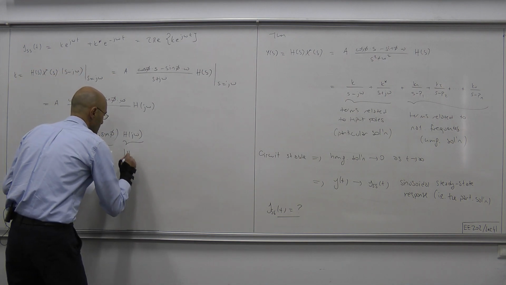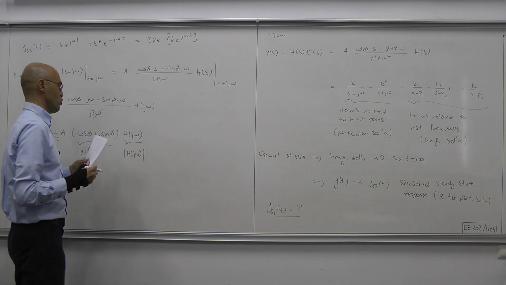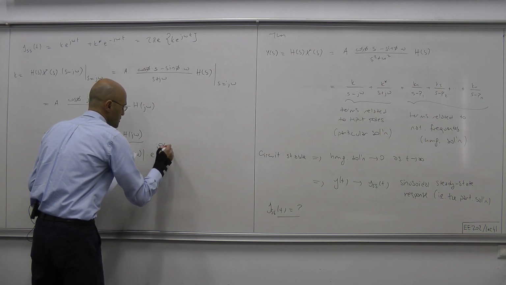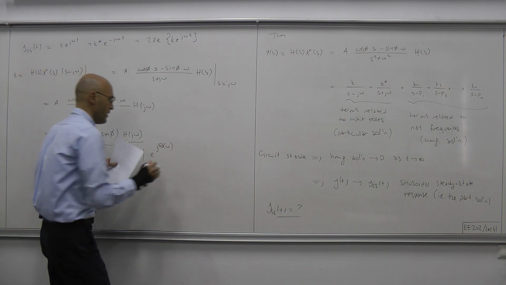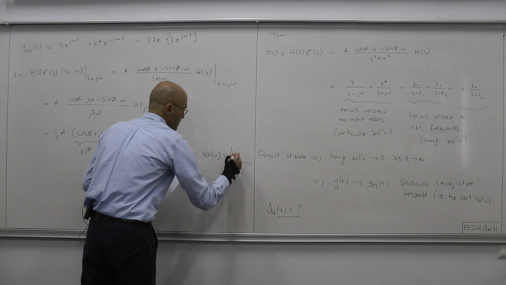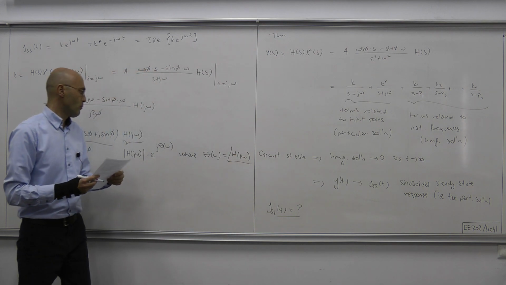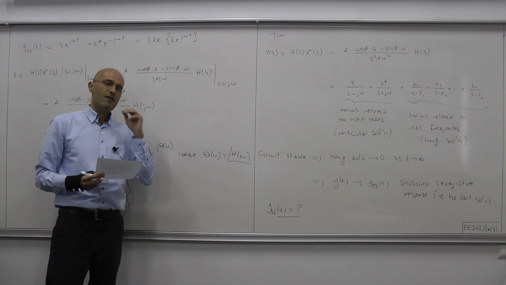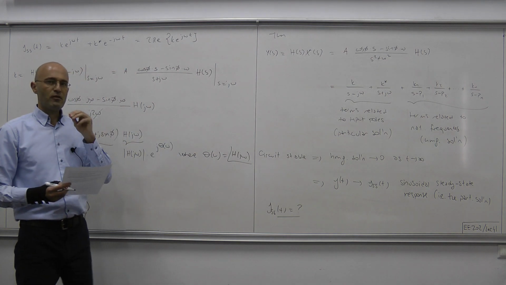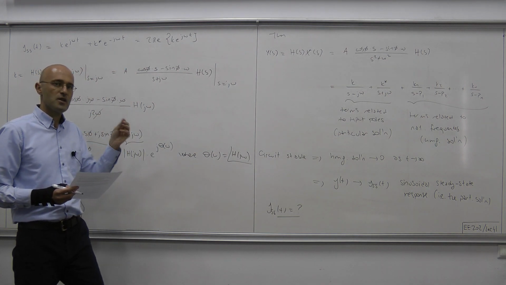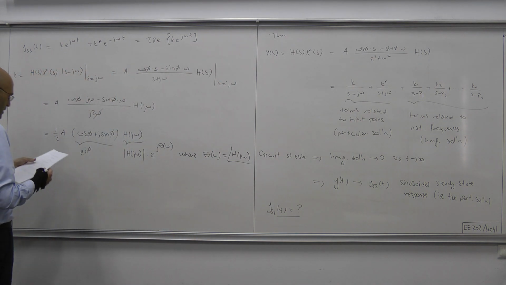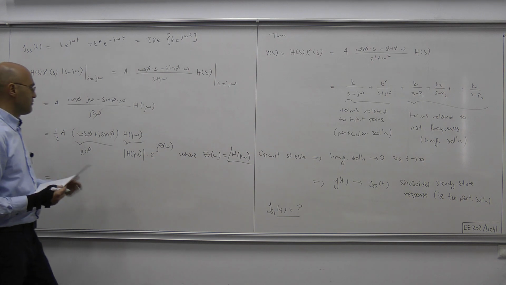In other words, we have the magnitude of H(j omega), that complex number, whatever it is, times e to the j, let's call it theta of omega, where the notation theta simply means the argument or the phase of this complex number H(j omega), that is the transfer function evaluated at s equals j omega. And omega was the frequency of oscillations of our input, which was A times cosine omega t plus phi.